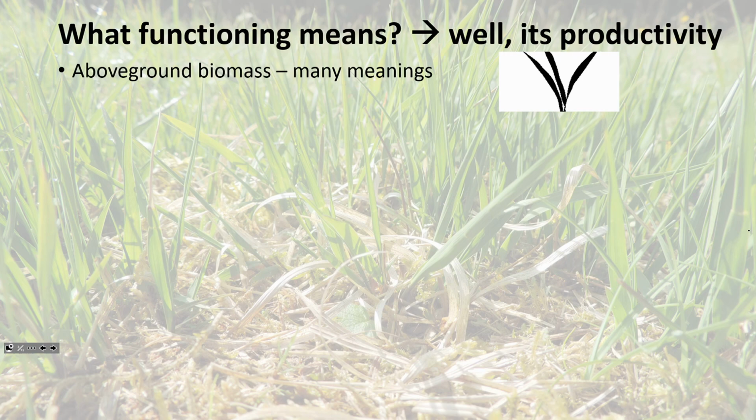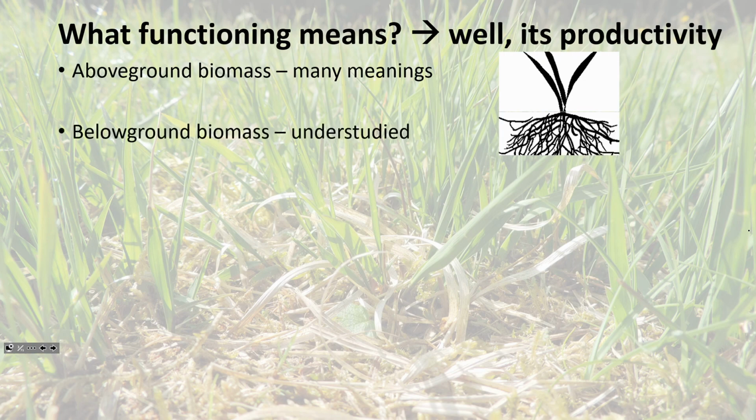However, even above ground biomass can have many meanings. It can be some proxy variable for other things like, let's say, the photosynthetic capacity of the community and so on. So it's again just some proxy variable. So for most of the talk we will look at above ground biomass. Also, one part will be about below ground biomass, which is very understudied.